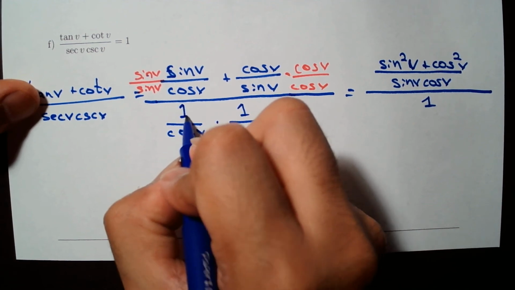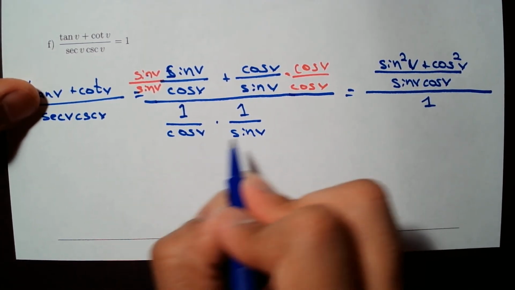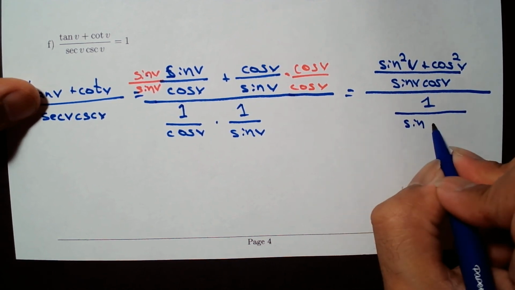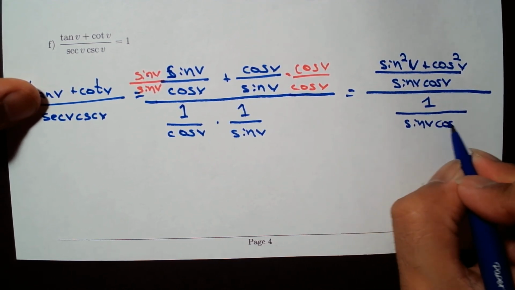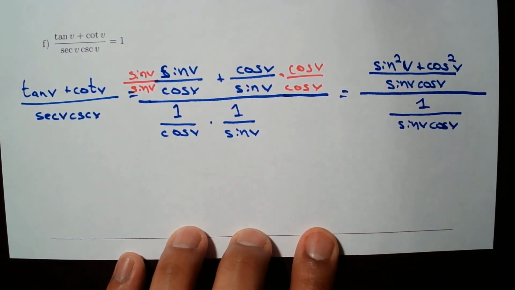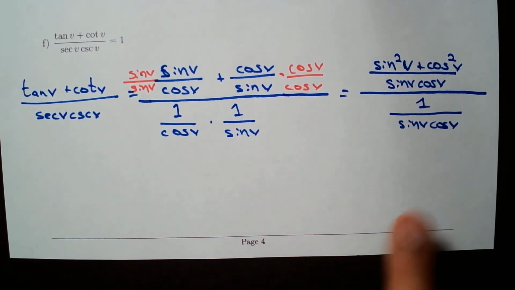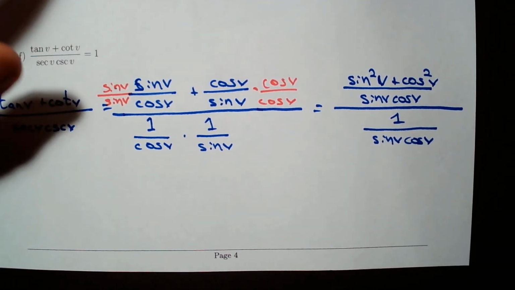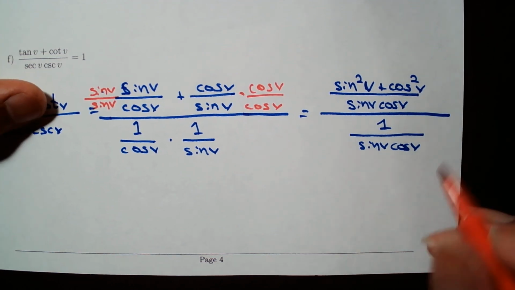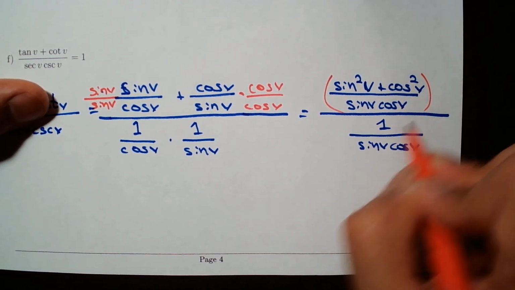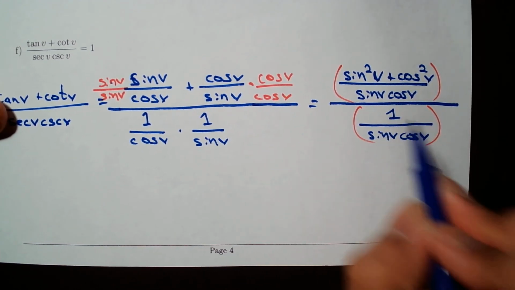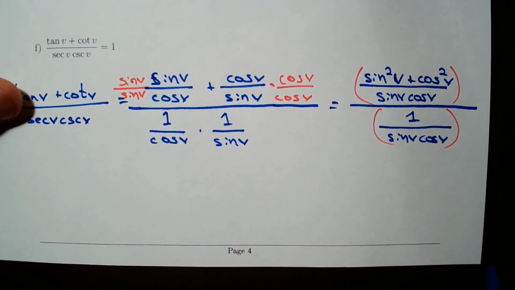And in the other denominator, I'm going to multiply cosine times sine, which is the same as sine times cosine. Either way is fine. You might want to just cancel this, but the more formal way to show this, keep in mind, is that dividing by a fraction is the same as multiplying by the reciprocal.